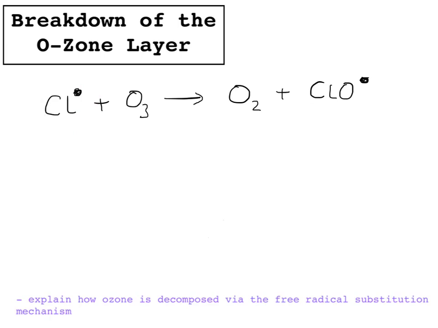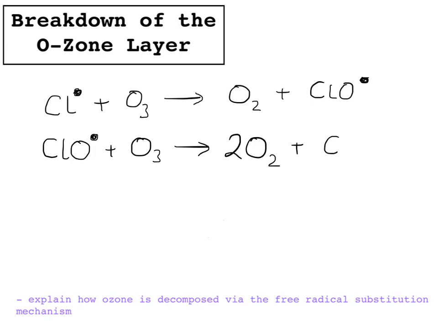So our next step, once that's happened, is that the free radical that's formed is ClO dot, and it will react with another ozone molecule to create two oxygen molecules and the chlorine free radical again. So because this chlorine free radical is regenerated, this reaction can happen over and over and over again, like a chain reaction.